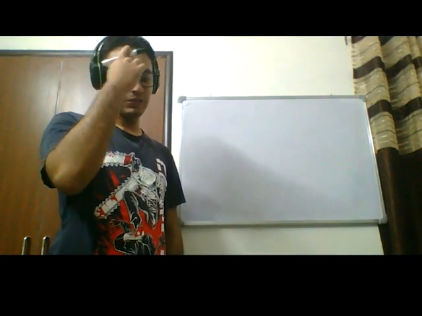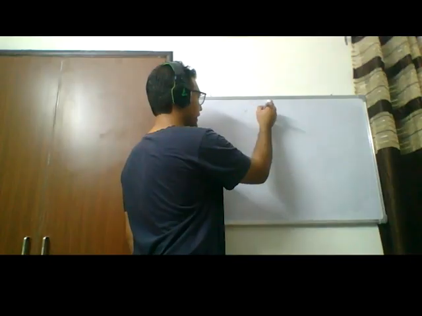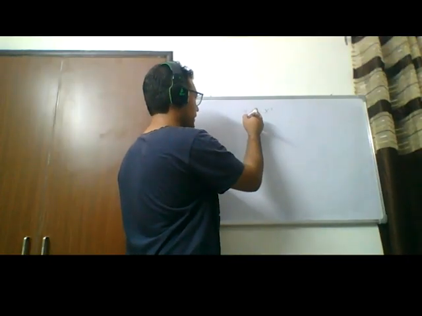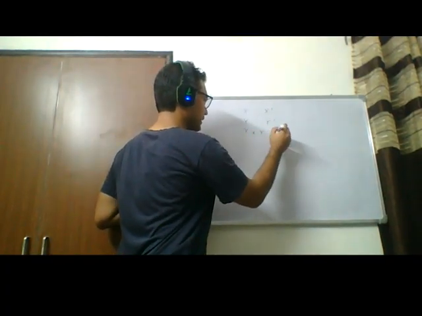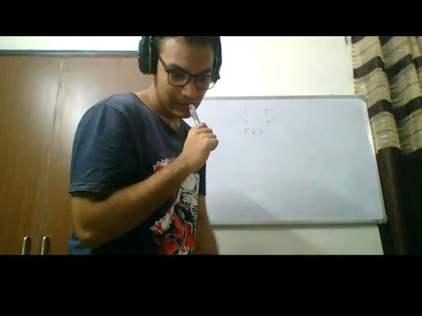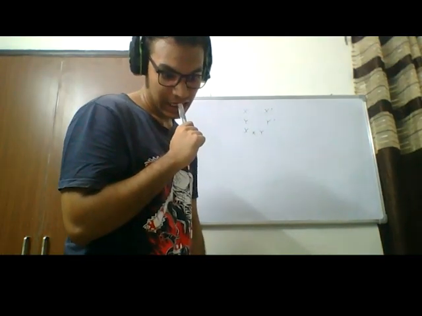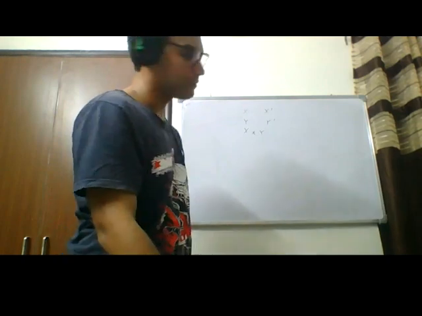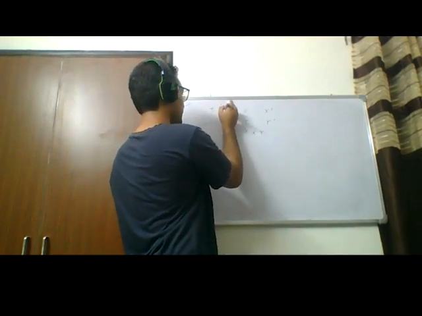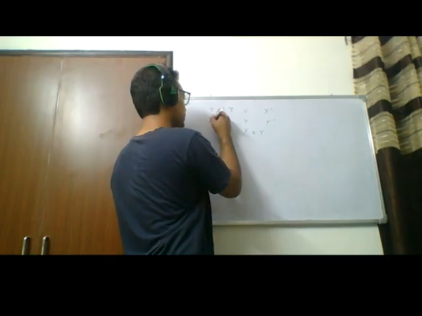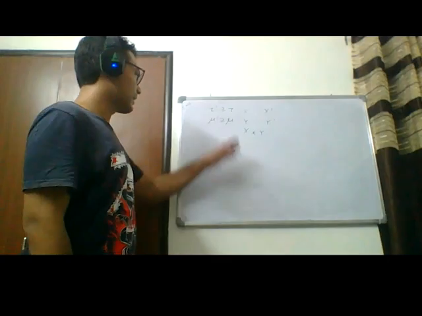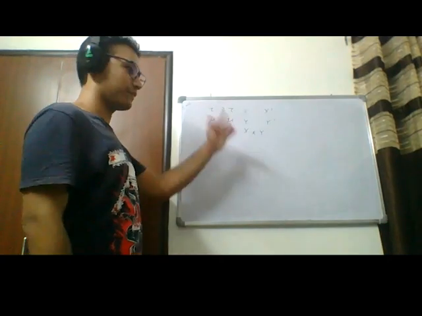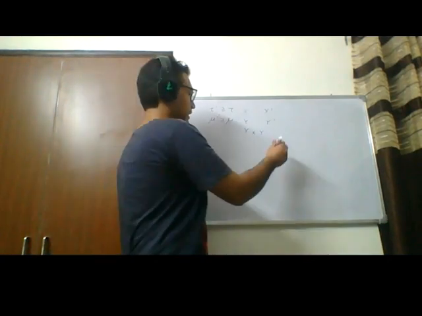Okay, so we have X and X prime with their topologies. We have Y and Y prime with their topologies. And we want to show that X cross Y is finer again. Tau prime is finer than tau, and mu prime is finer than mu, right?